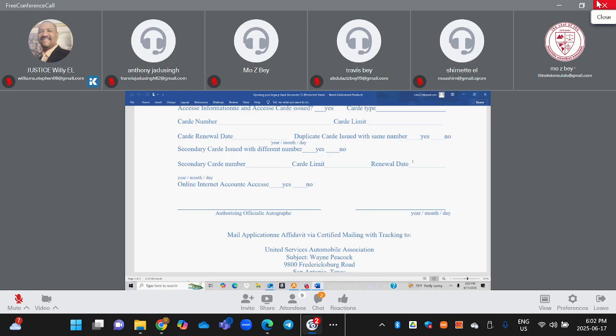Then they're going to issue a card. So then are we coming back to complete something? What do you mean? Well, because you said that the renewal date is going to be on the card, but we don't have the card yet, right? So I'm waiting for all this information to come through and for them to send me a card.